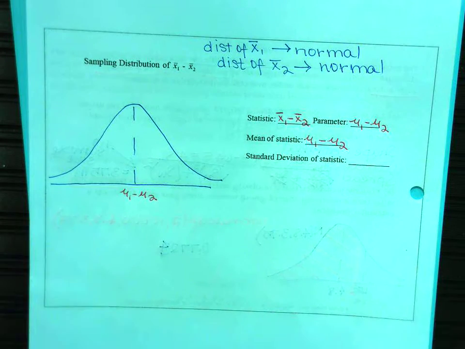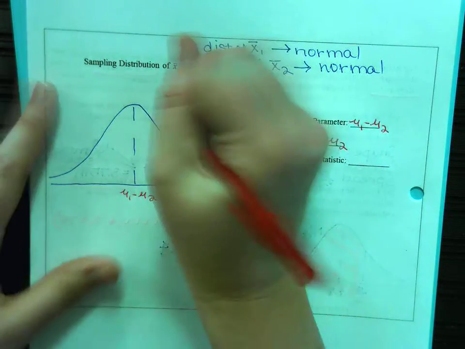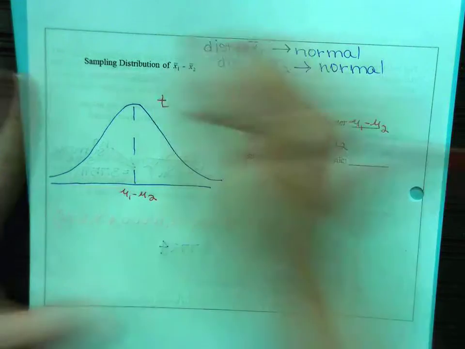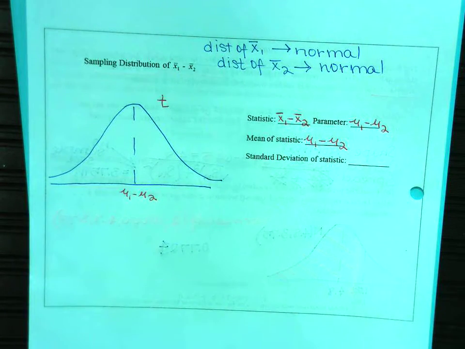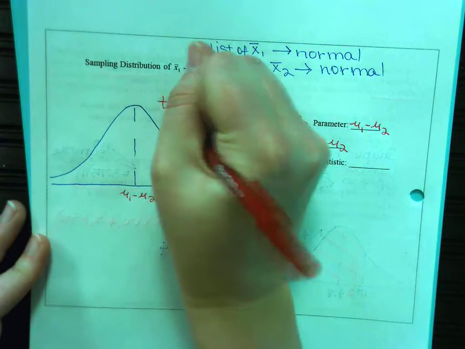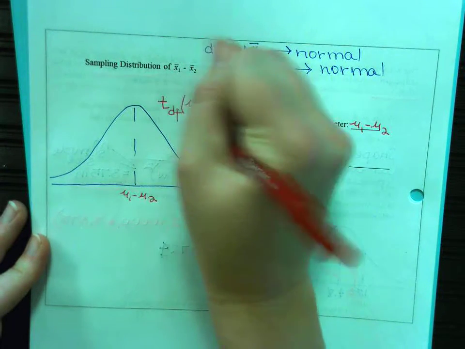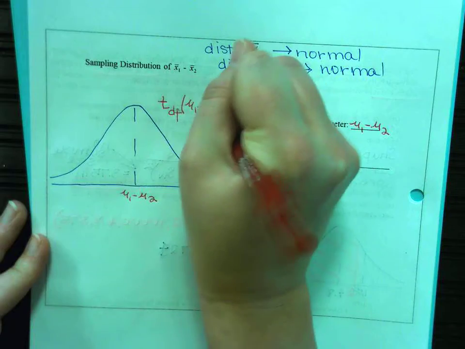Okay. Now, even though it's a normal distribution, when you're working with means, we use not z, but t. So we would say that it's a t distribution. And what do we put as the subscript? Degrees of freedom. And then it'd be mu 1 minus mu 2.